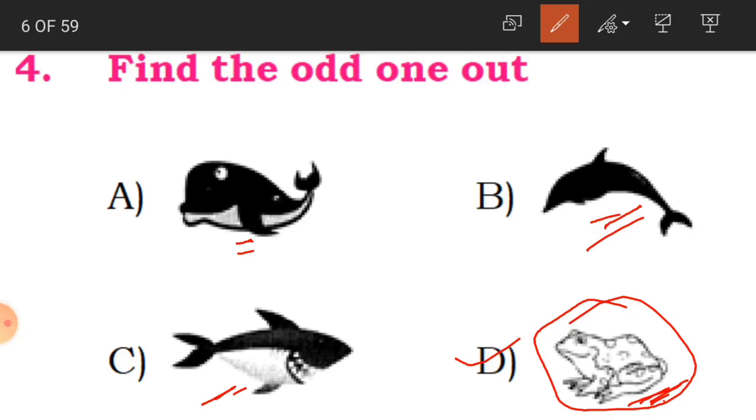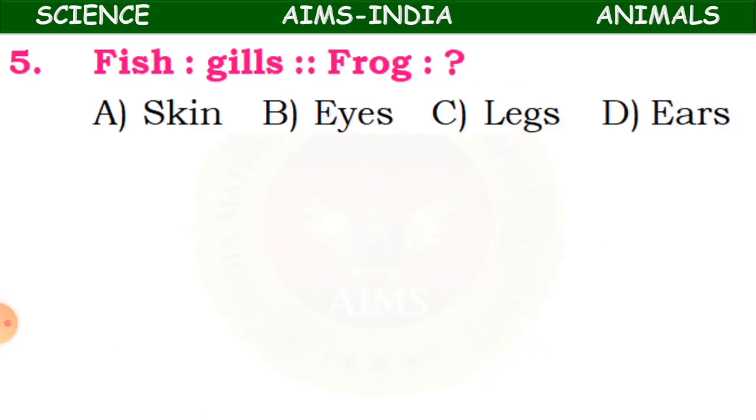Clear? Even though these 3, A, B, C, are aquatic animals, D is an amphibian, which can live both on land and water. Okay children, clear? Now we'll go to the 5th one. Fish is represented with gills, and here frog, and we have a question mark.